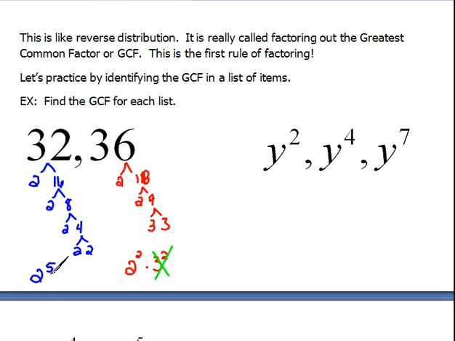Over here we have 5 of the 2's. So together, their greatest common factor, or the largest thing that they both have in common, would be 2 of the 2's. So that tells us that our GCF here, or our greatest common factor, is 2 times 2, which is 4. 4 is the largest thing that will go into both of these numbers.